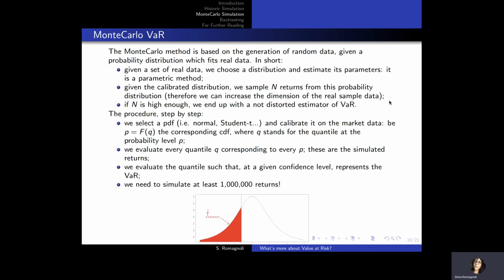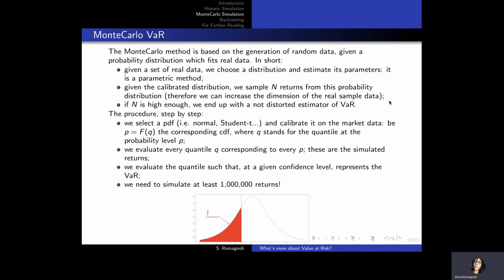This procedure works as follows. First of all, we need to select a probability distribution, which can be a normal one, a student t, etc. We need to calibrate it on the market data.